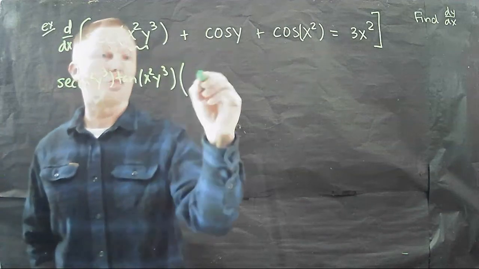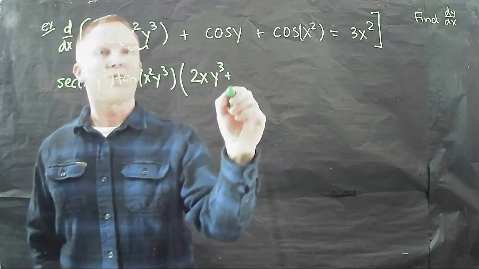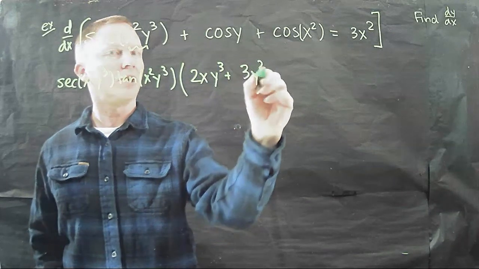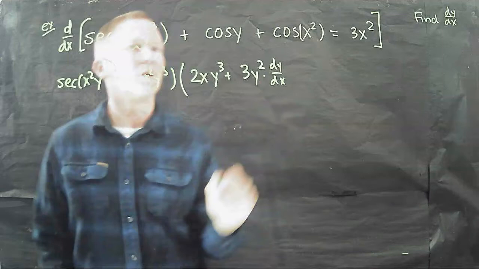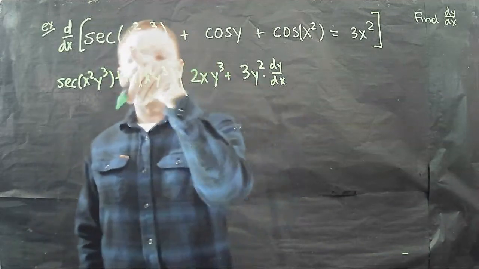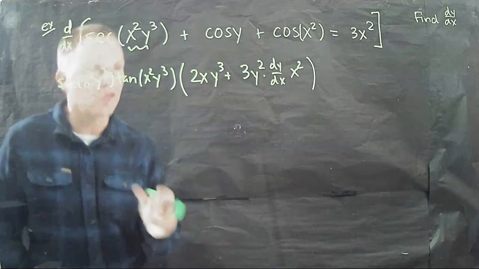So we're going to say, oh, that's the derivative of the first, 2x, times the second, plus the derivative of the second, 3y squared, times dy dx, times the first, x squared. Don't forget about the times the first. That's easy to do.